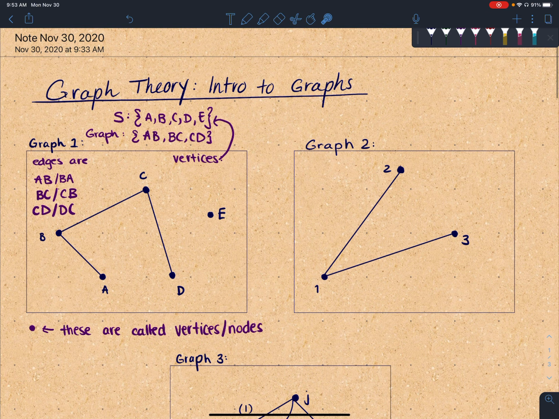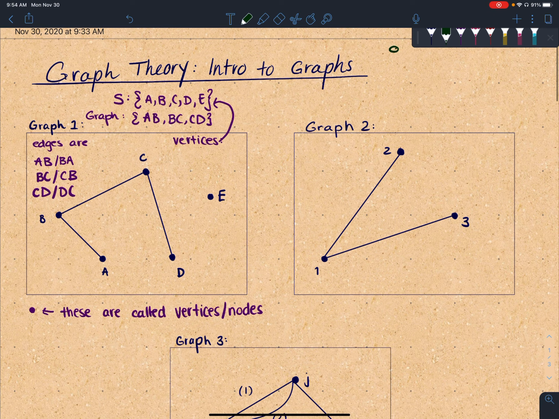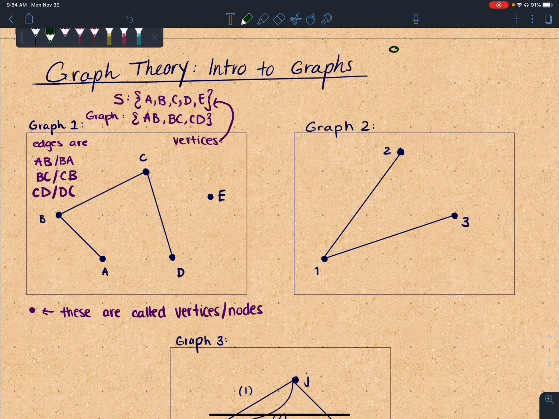Okay, so then the next little bit, we're going to look at definitions. I should have put more space, I made it a little difficult for myself. We're going to look at the order of a graph, and that corresponds to the number of vertices within a graph.